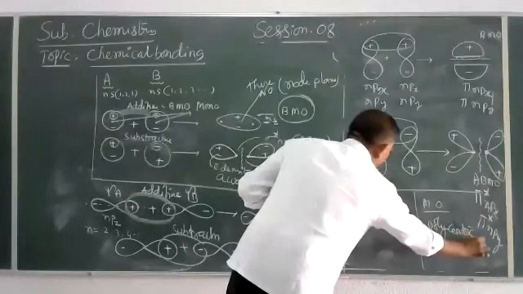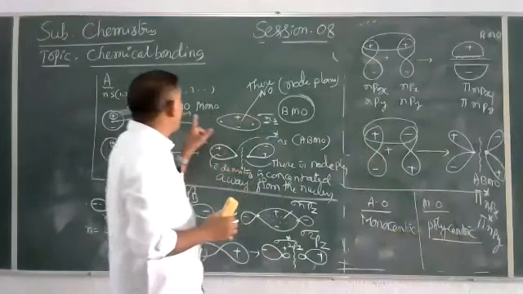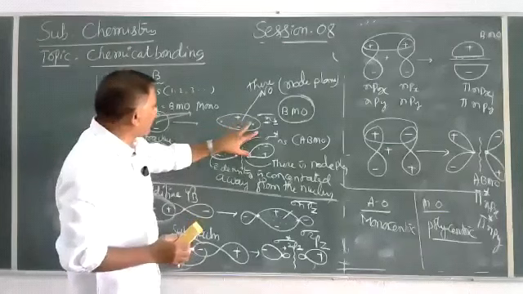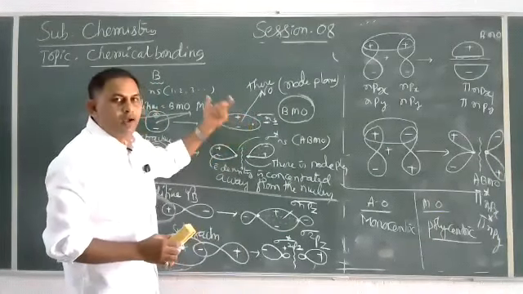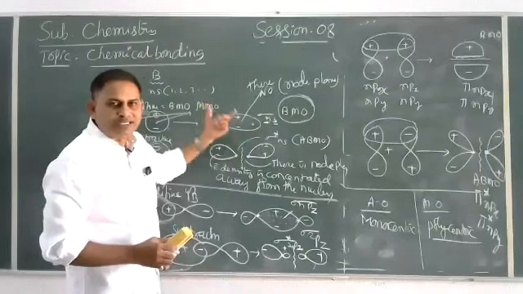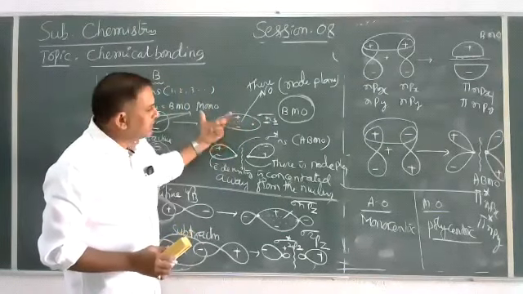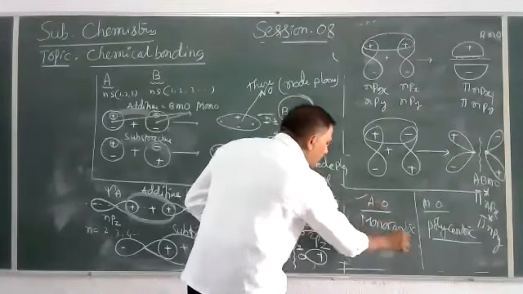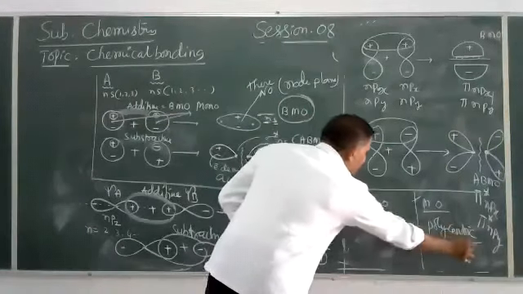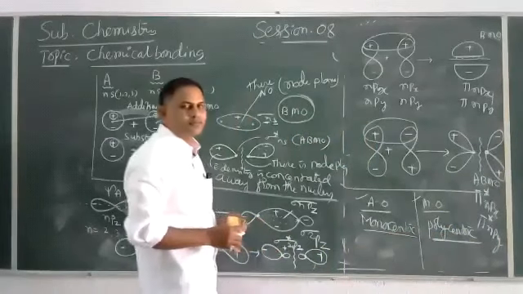Polycentric means after a linear combination, the obtained molecular orbitals contain more than one nucleus, two or more depending upon the number of atoms present in that molecule or species. That's why atomic orbitals are monocentric and molecular orbitals are polycentric.